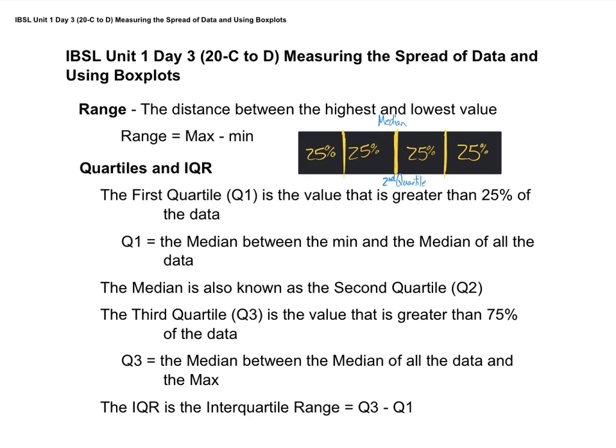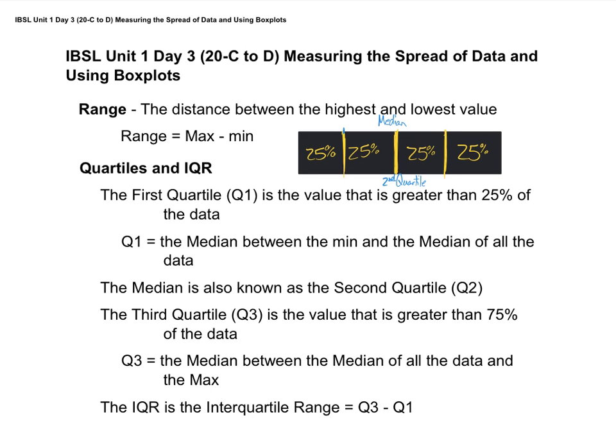Oh, I see. So we could actually kind of redefine our idea of a median. It is the middle, but it's the score that's bigger than 50% of our data, okay? Also, if I've gotten up to this 25% mark, how much of my data have I gone through already? 25%.